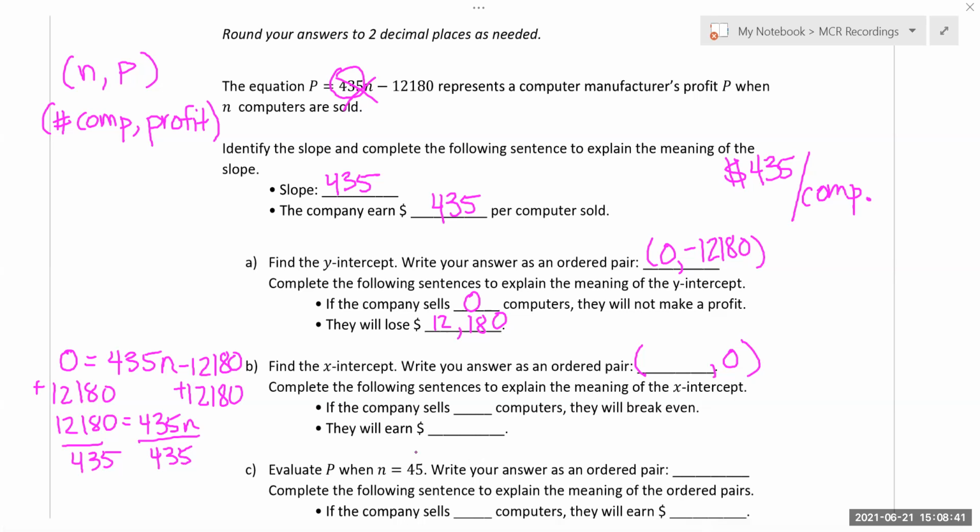And you can put that back in and check your work as well. So what that means is we need to sell 28 computers just to break even. So definitely make a note that not only are we just solving for these items, but we're figuring out what they mean in terms of perspective here. What do they mean in terms of the problem?